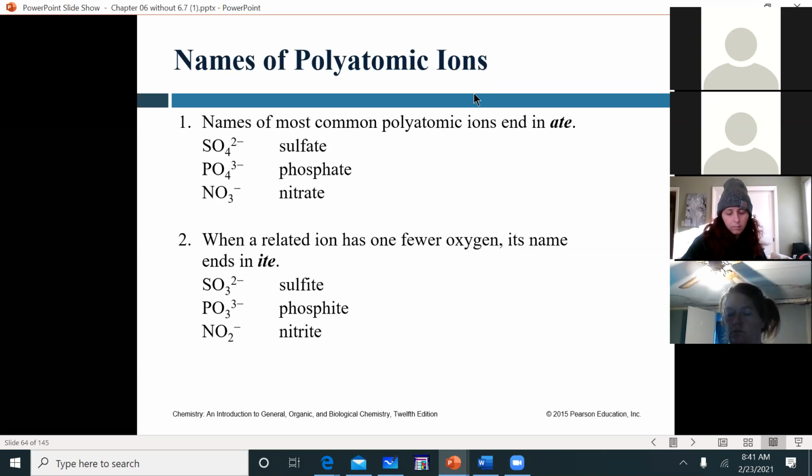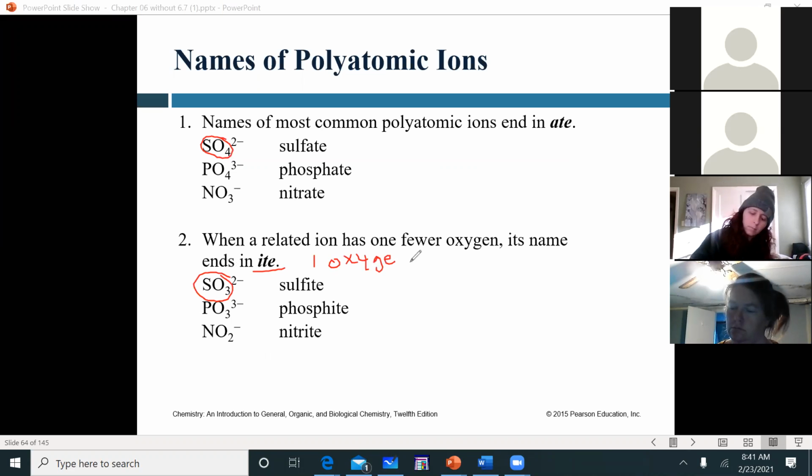So look at sulfate here. It's SO4 with a 2- charge. Sulfite is SO3 with a 2- charge. The number of sulfurs stays the same. The charge stays the same. The only thing that changes is the oxygens. So ites are always 1 oxygen less than ates.